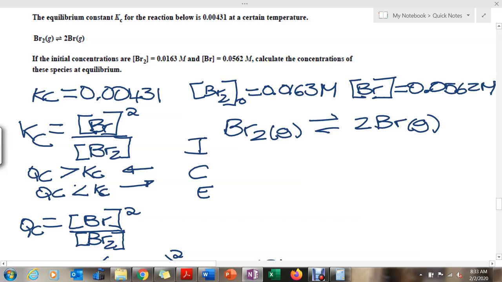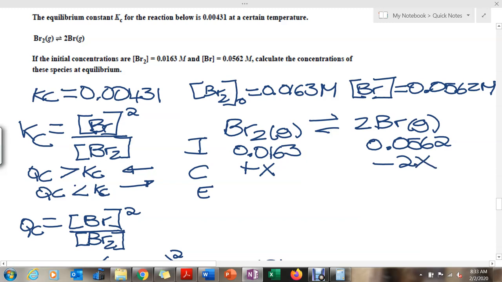So to reach the equilibrium, it has to go to the left. So 0. This is the initial concentration, and this is the initial concentration of this. So the change would be to the left. That means that you're going to produce more Br2, more reactant, and this would be consumed.